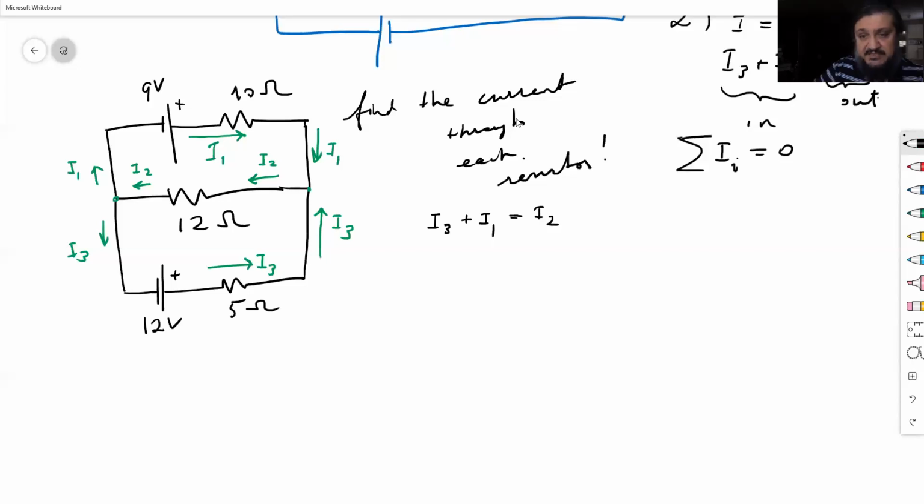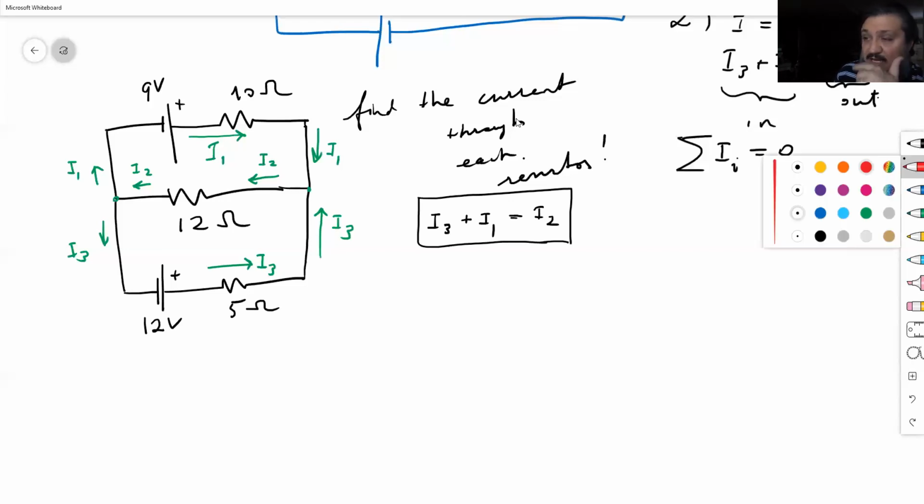Similarly, I2 splits into I1 and I3. So that's equation 1. Okay, I have 3 unknowns, right? If I have 3 unknowns, I'll need 3 independent equations. So the other 2 equations will come from the loops that I was mentioning.